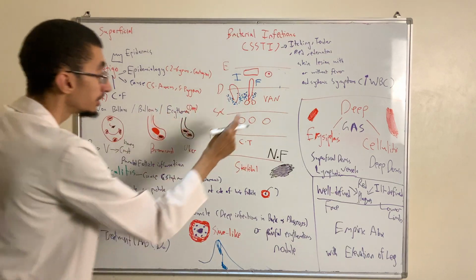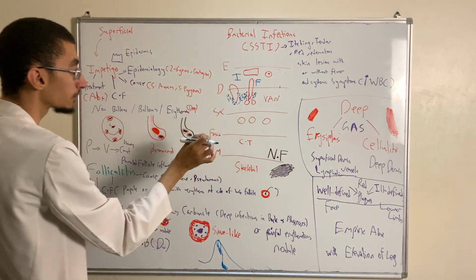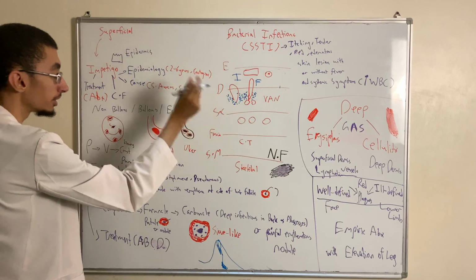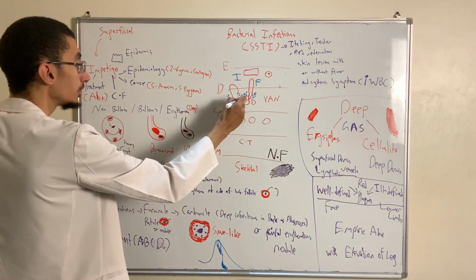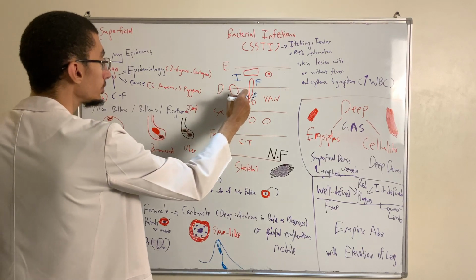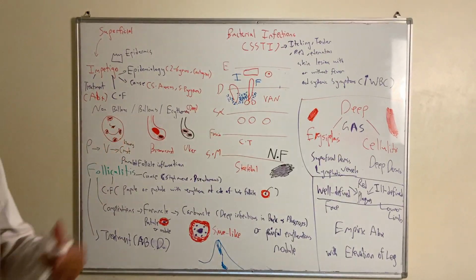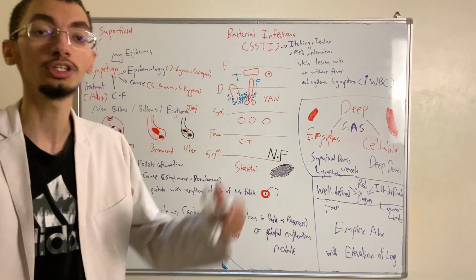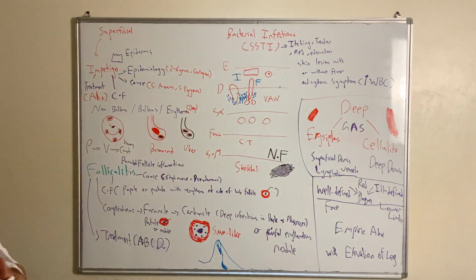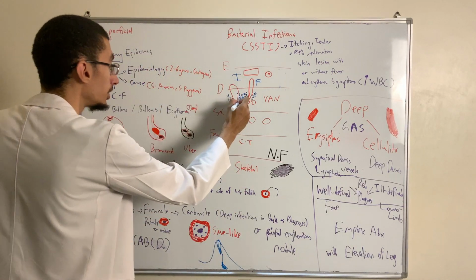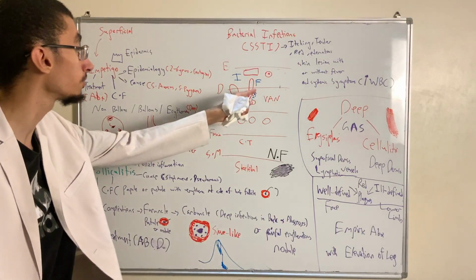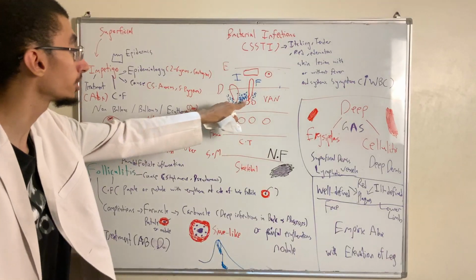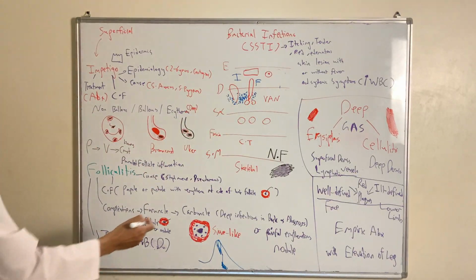Now you see, this pus right here in this hair follicle and the pus surrounding this one as well, they may coalesce with one another. The pus collection here in the blue, they may join together to form a very big inflammatory subcutaneous mass.